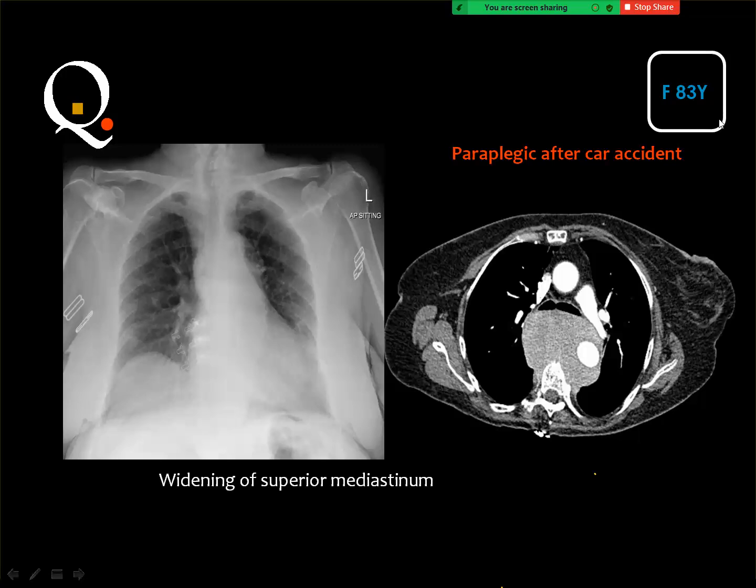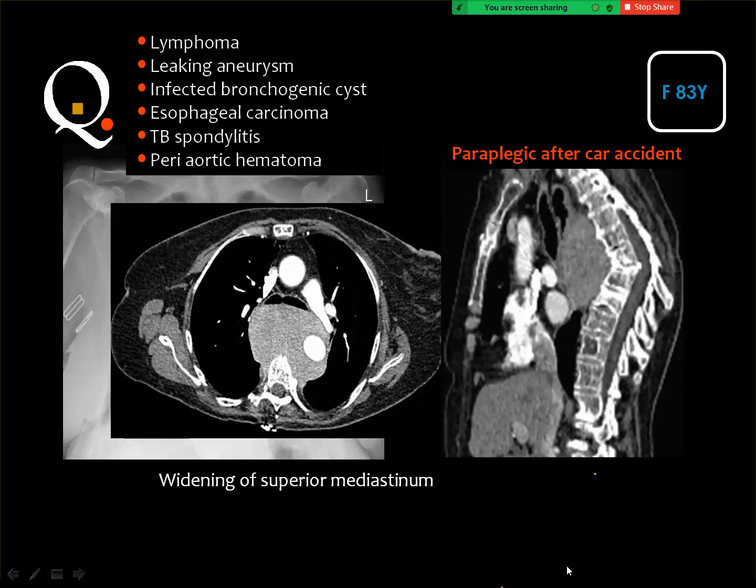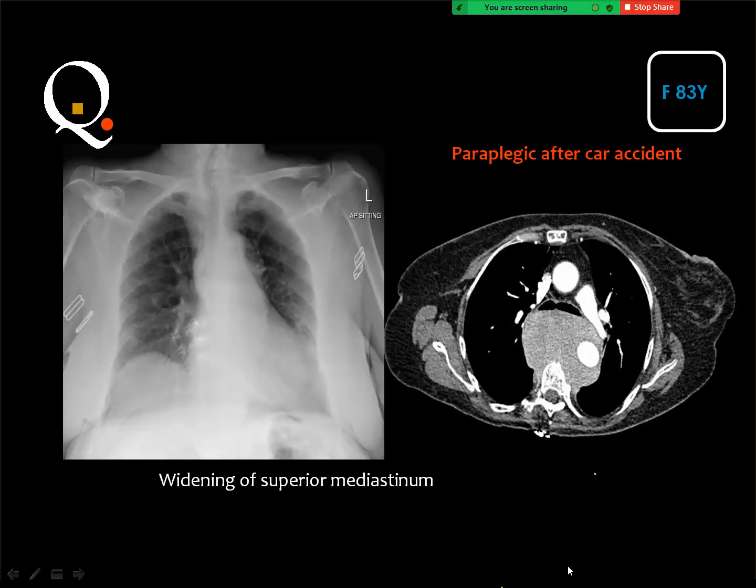This patient, 83 years old, became paraplegic after a car accident. This is the chest x-ray and this is the CT scan of her chest. I think we have some of the differential diagnoses, but you should consider the history of trauma.